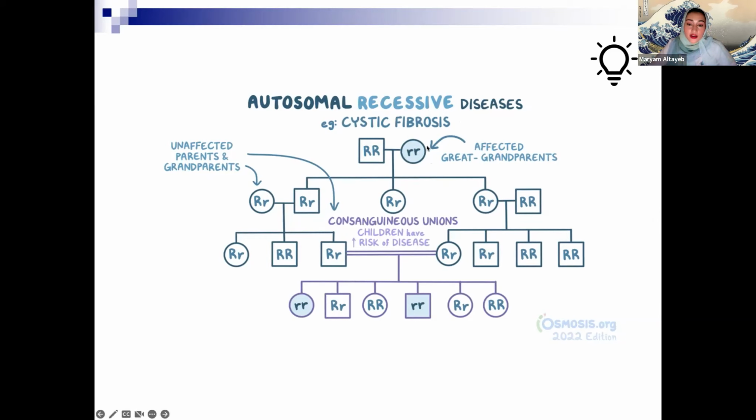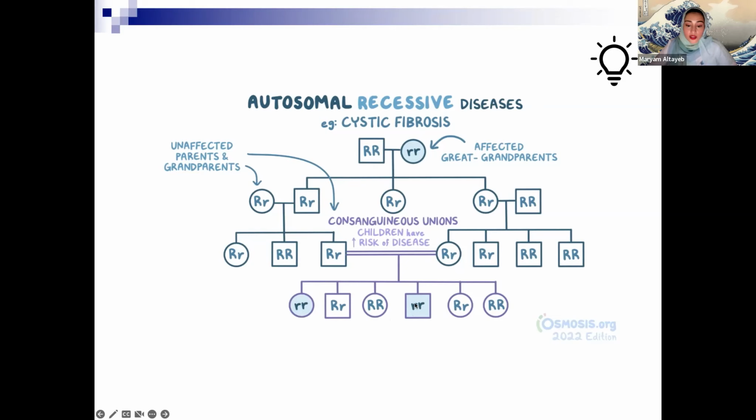Here you can see the affected great-grandparents, and the parents and the grandchildren are not affected, but they're carriers. And when you have a consanguineous marriage between two carriers, now you can have lowercase rr. If they ask you, you have a marriage between two carriers of a disease, what is the likelihood that their offspring will get it? It's always going to be 25%.